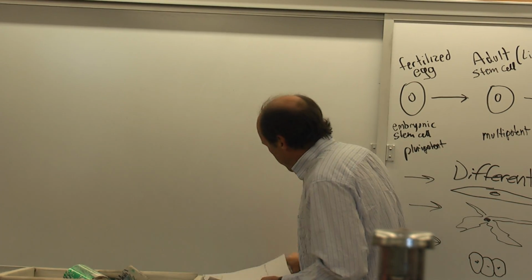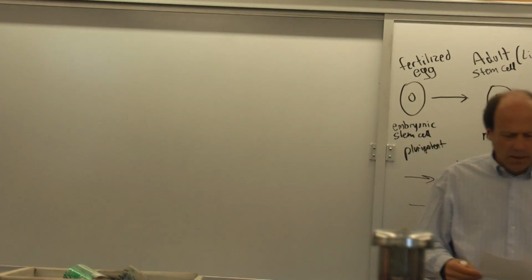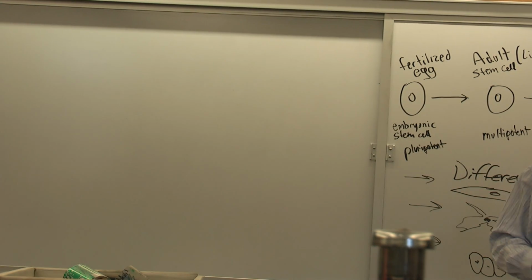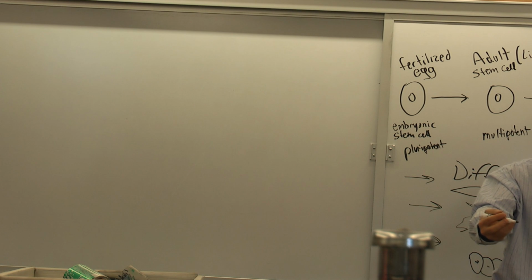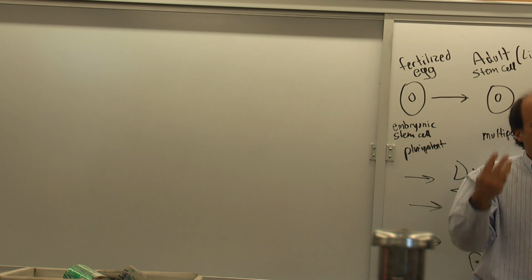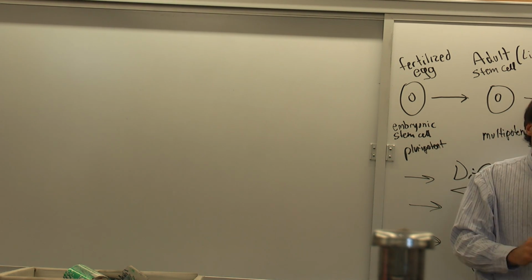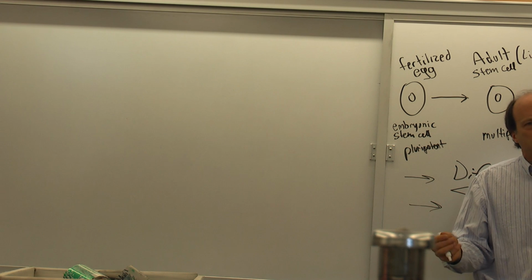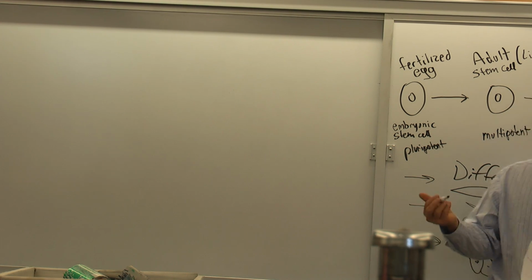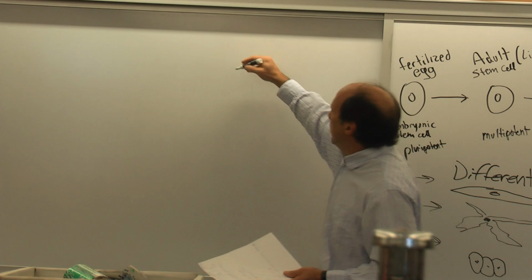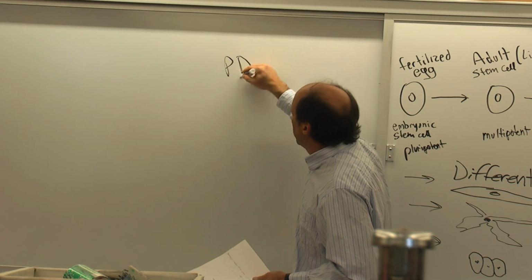Well, the reason for even bringing this up is because we need to understand something about the primary cells we're working with, right? So our primary cells, we've accepted the notion that they'll only divide a certain number of times. So we can say that population doubling. How many population doublings?